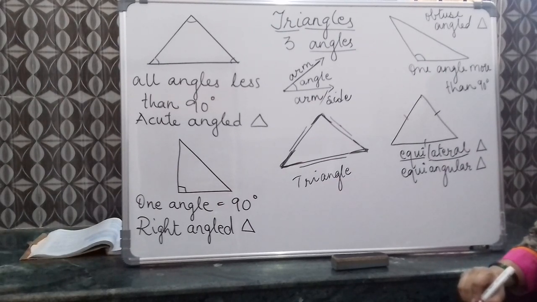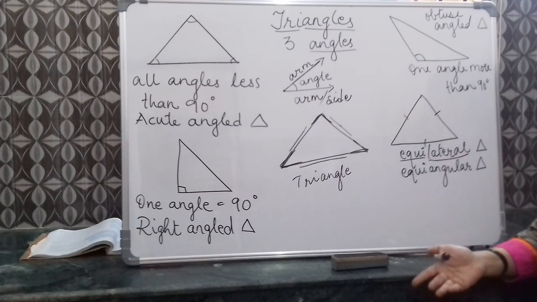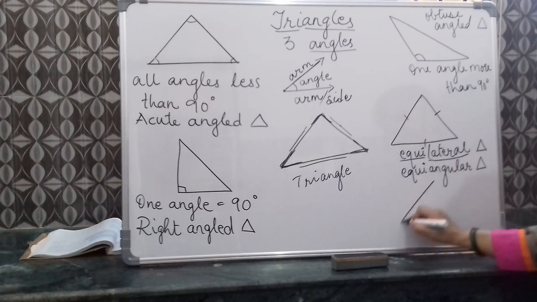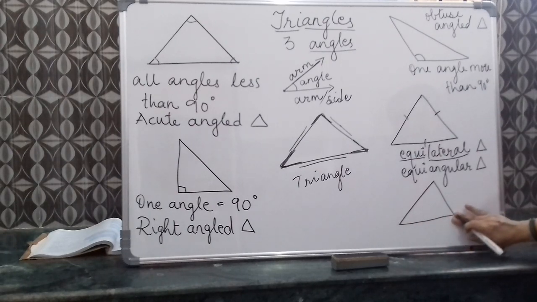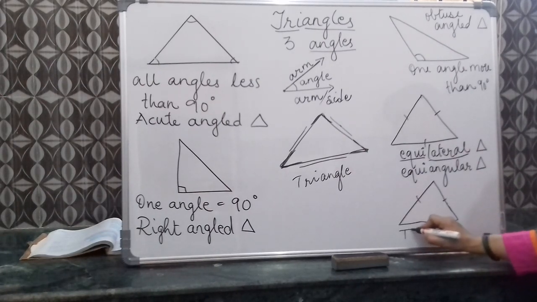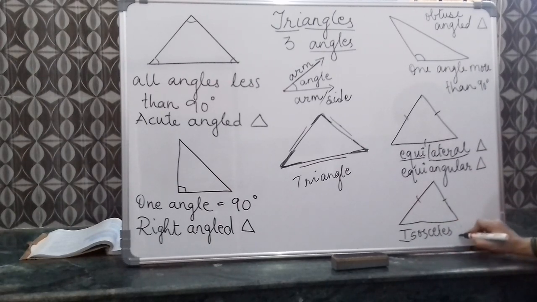The next type of triangle on the basis of sides is an isosceles triangle. A triangle which has got only two sides equal. This is one side, this is one side. So in which only two sides are equal. This type of triangle is known as an isosceles triangle.